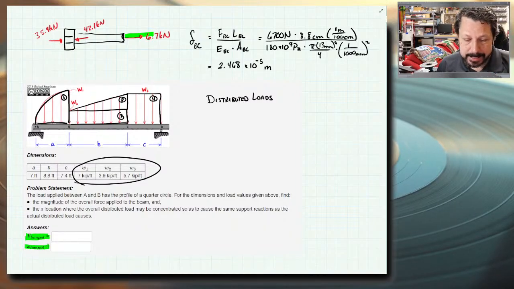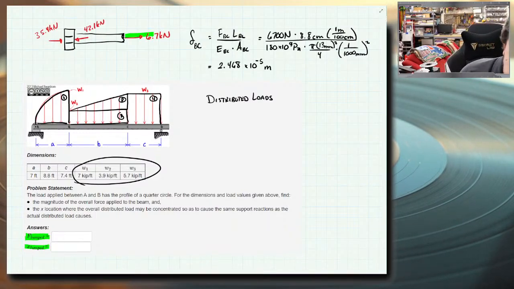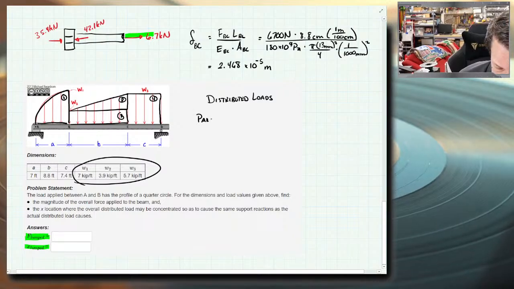So you're basically finding the centroid of a shape. It's just that the shape represents distributed forces. So we can go exactly like we've been doing. This one doesn't have an x-axis or y-axis, so I'm going to put x here and y here.